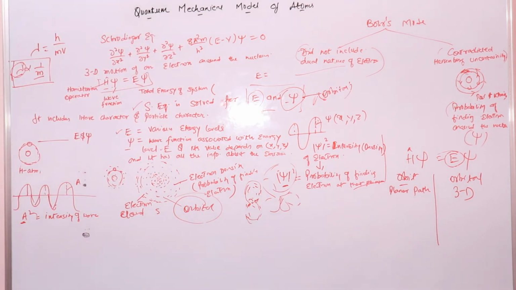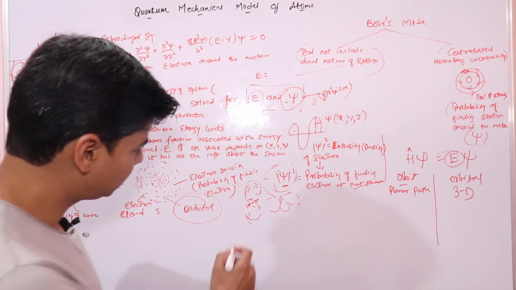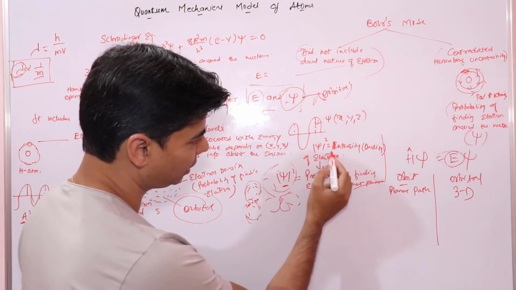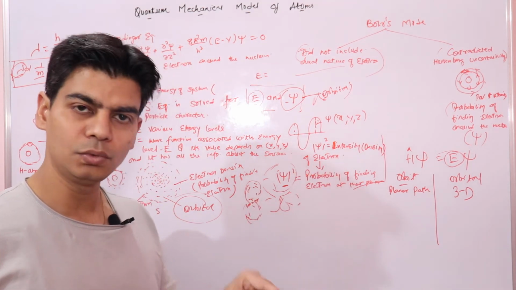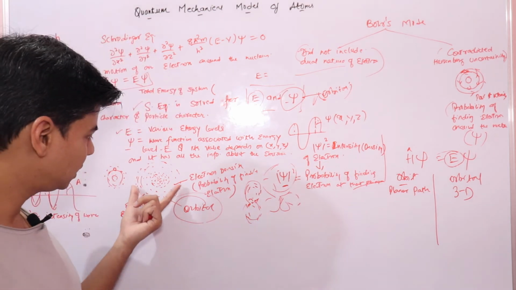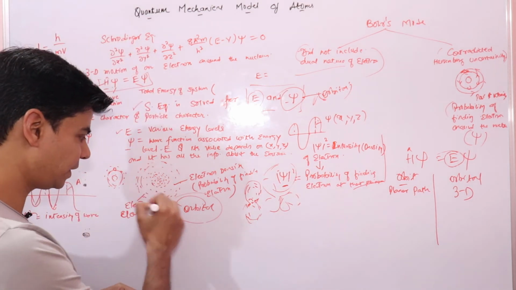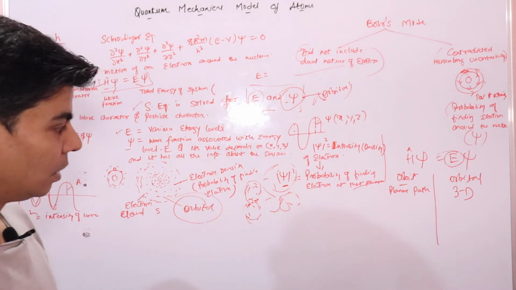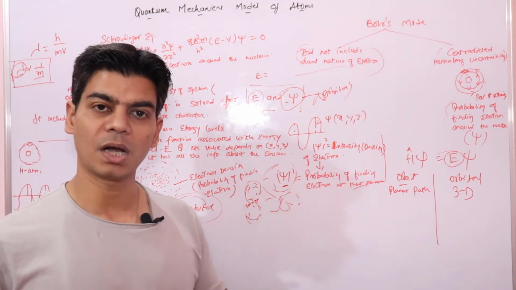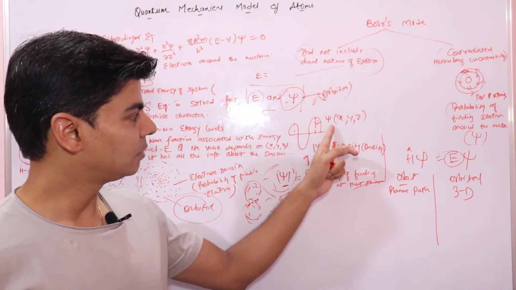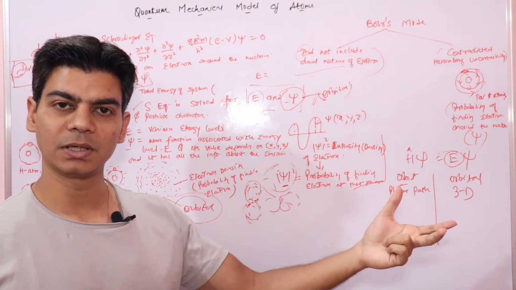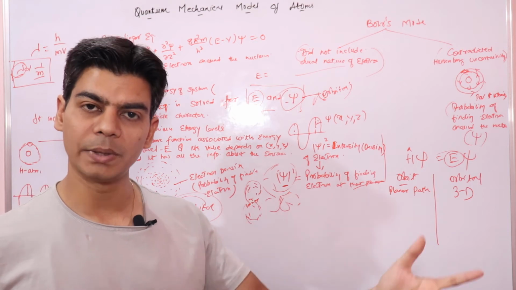The other point of difference is, we know that all orbits are circular, right? When we find the probability of an electron around the nucleus, here we got this electron cloud, which is a spherical shape, this is your s orbital. But for other orbitals, since we have multiple values of psi, multiple wave functions, we have multiple orbitals, right?